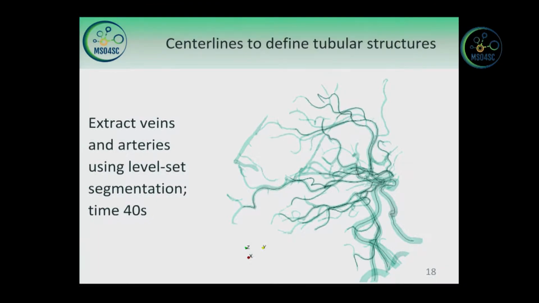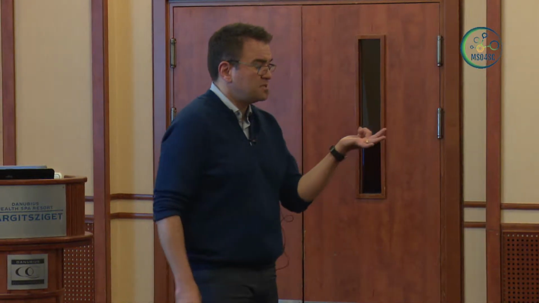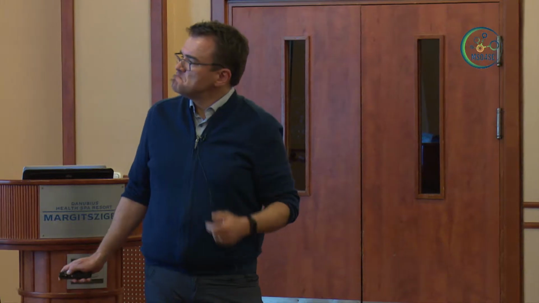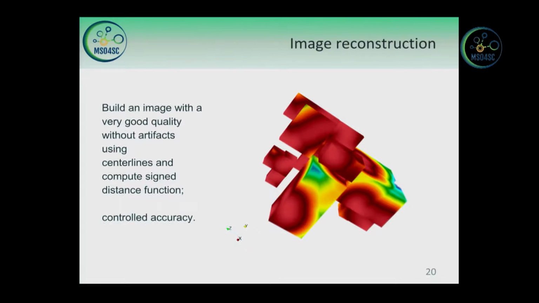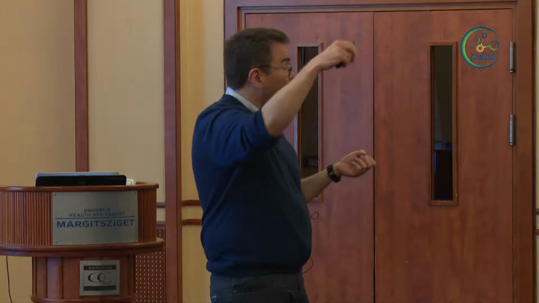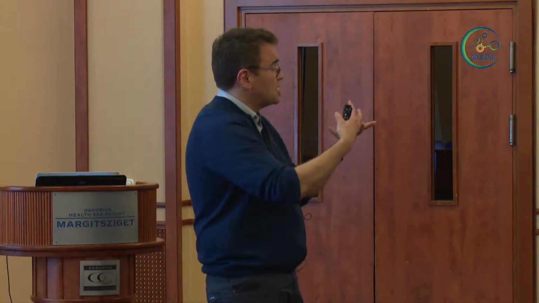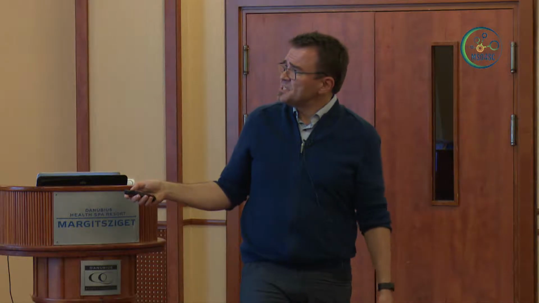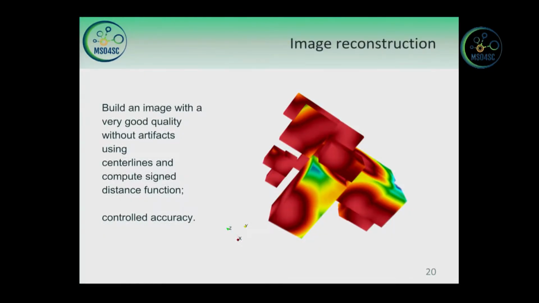But not only do we have these curves, we also have information about the local diameter of the objects. So we have a set of points and connections between those points, plus diameter information. From this, we are going to reconstruct a 3D image. So we go back to imaging, basically, but only with the center line information and the diameter.